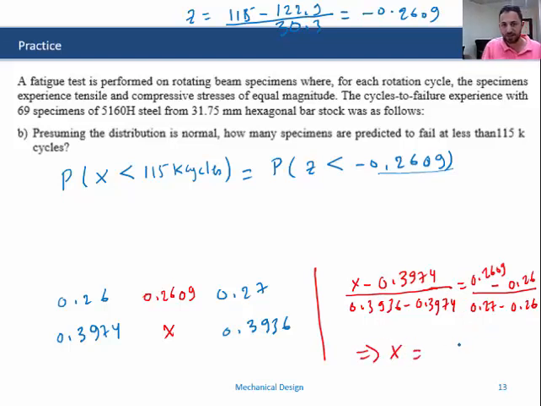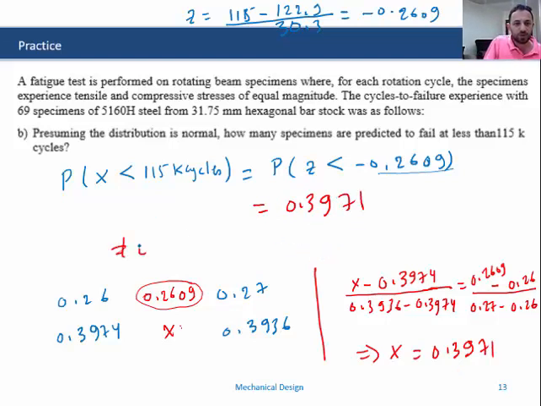You solve for x, and x is equal to 0.3971. Okay, so the probability of 0.2609, which is not included in the table, is found by interpolation to be 0.3971.